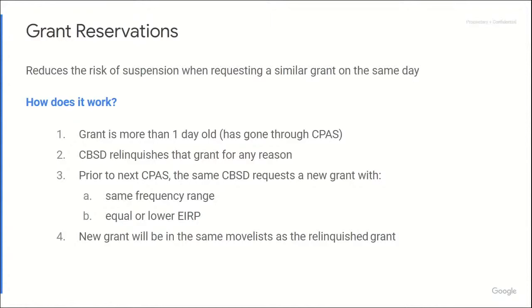In other words, your device is linked to that DPA, and if the channel gets suspended on that DPA, your CBSD has to deal with it. It's going to have to move, and that's on day one.